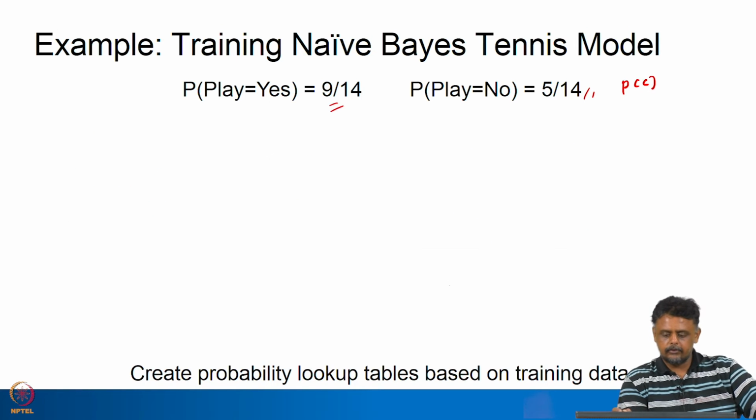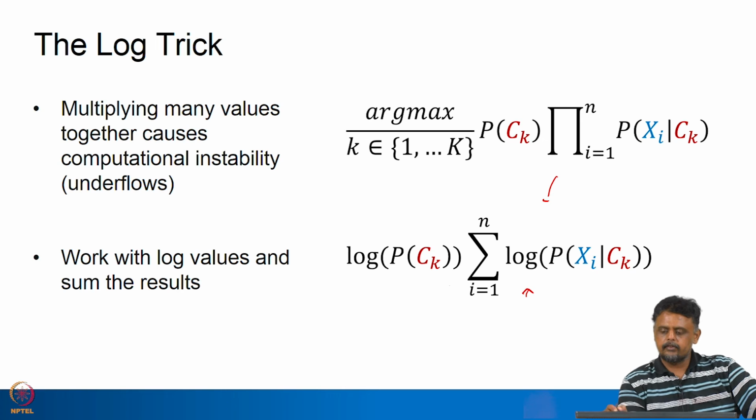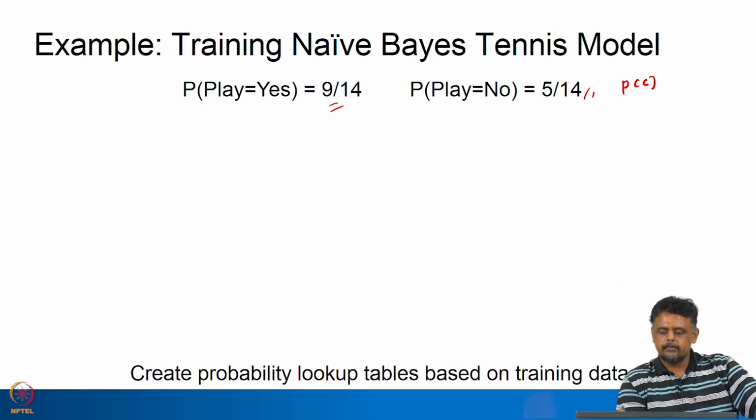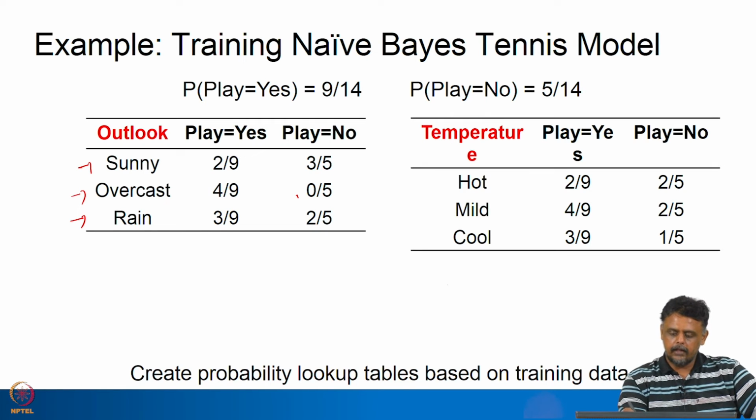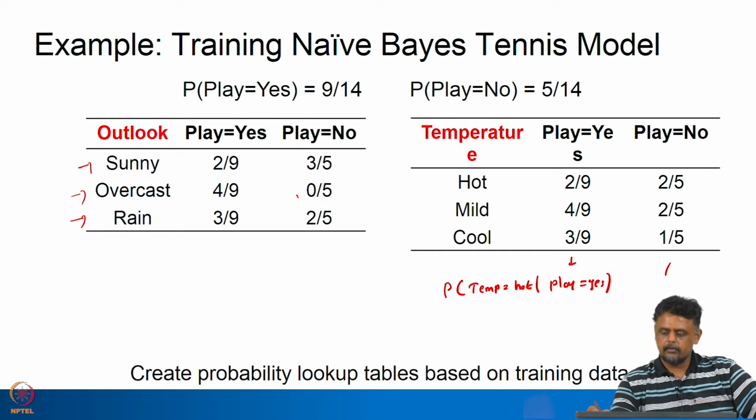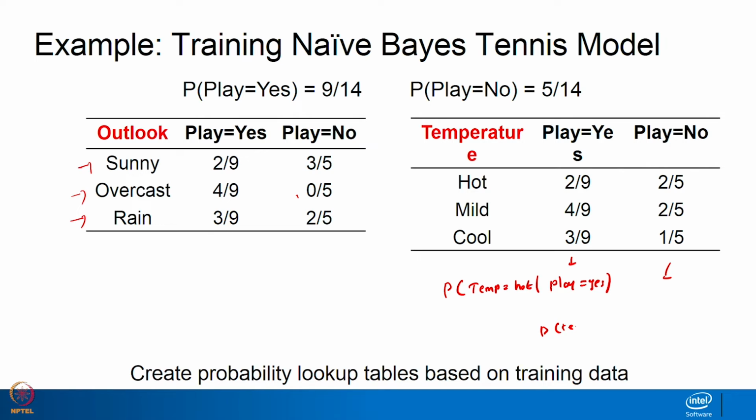If you go back, I will show you these numbers we are calculating: probability of xi given Ck. What does it mean? We are trying to calculate the probability of temperature equal to hot when play equal to yes, that is this column. Similarly, this column is the probability of temperature equal to hot when play equal to no. It is not exactly the whole column, it is this particular row that we are calculating.